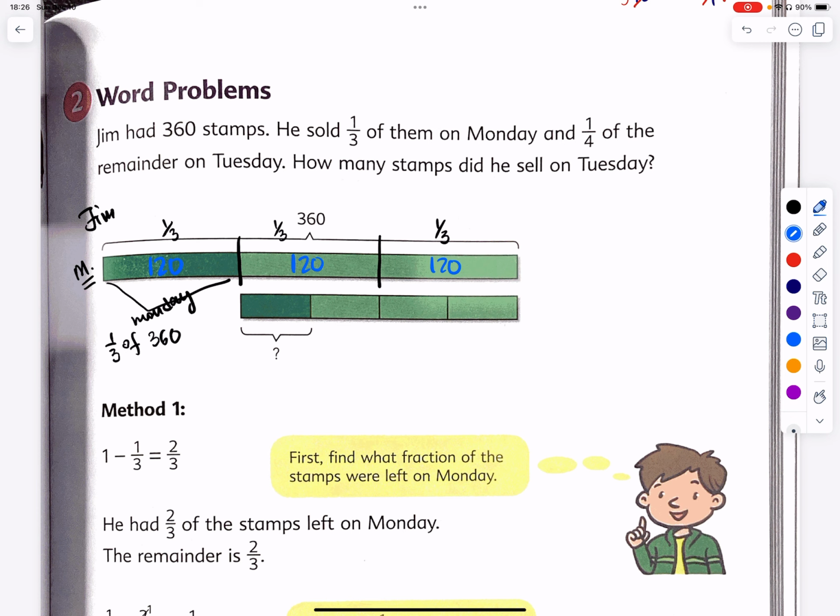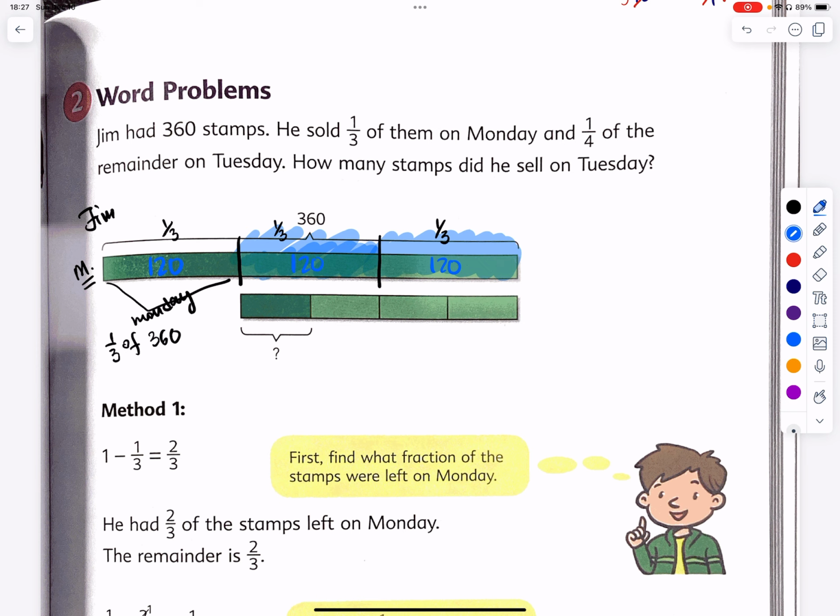Good. What happened on Tuesday? Well, 1/4 of the remainder, not 1/4 of 360, 1/4 of the remainder. What was remaining after Monday sales? 2/3, which is 120, 120. We know that after Monday, we had 240 stamps remaining.